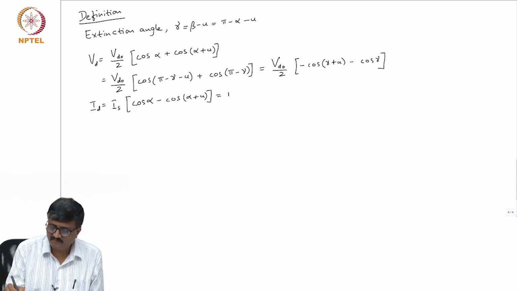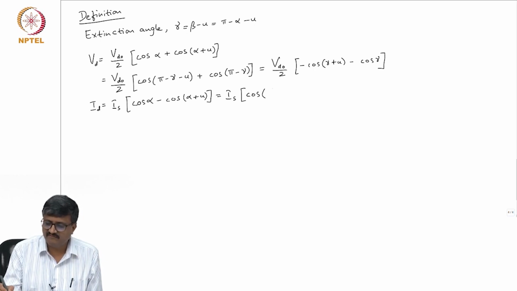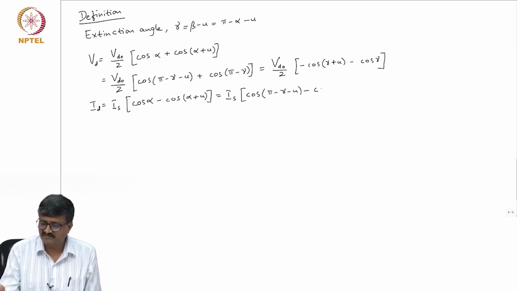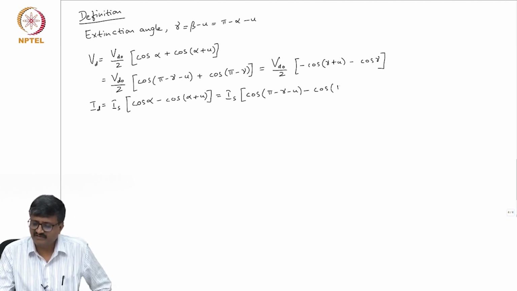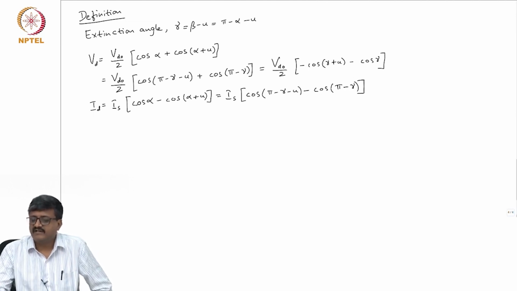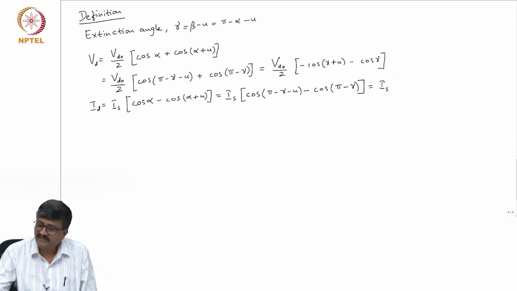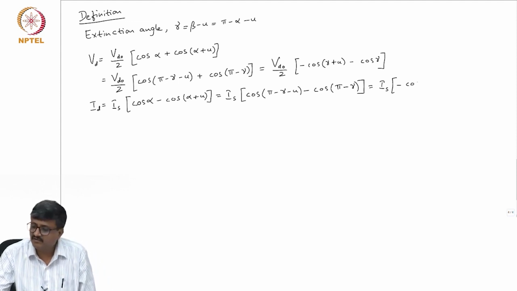So, this is equal to Is into cos alpha, which is pi minus gamma minus u, minus cos alpha plus u, which is pi minus gamma. So, I can write this as Is into minus cos gamma plus u plus cos gamma.